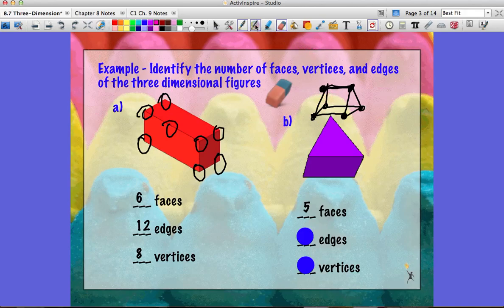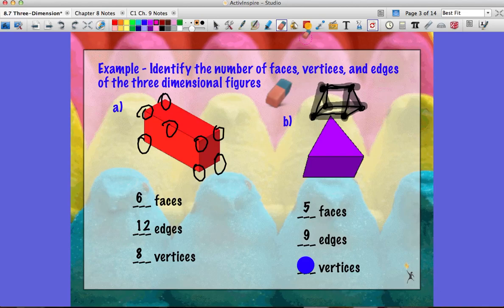Edges. This shape has the edges that make the triangle, so there's 3 here and 3 on the other side, so that's 6. And then you know that you need 1 to match each corner with the other, so you know you need another 3. So there's 3 on the bottom, 3 on top, 3 in the middle. It tells you that there are 9 edges.